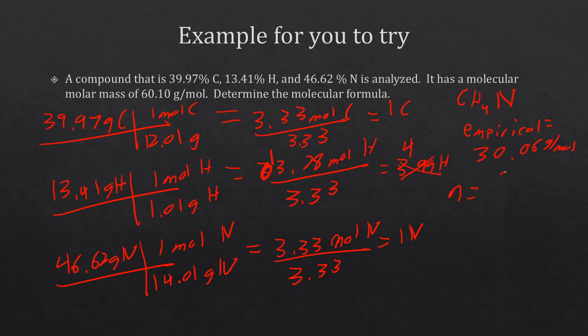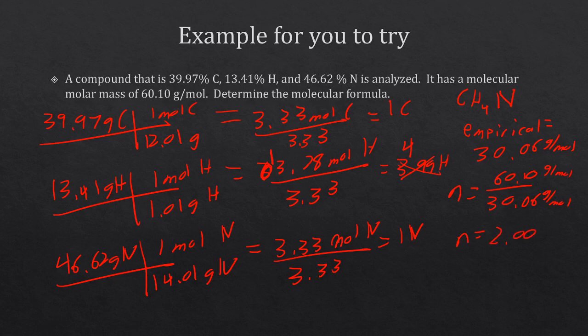So N is going to be 60.10 divided by 30.06 grams per mole. We have 60.1 divided by 30.06, and I got 2.00.